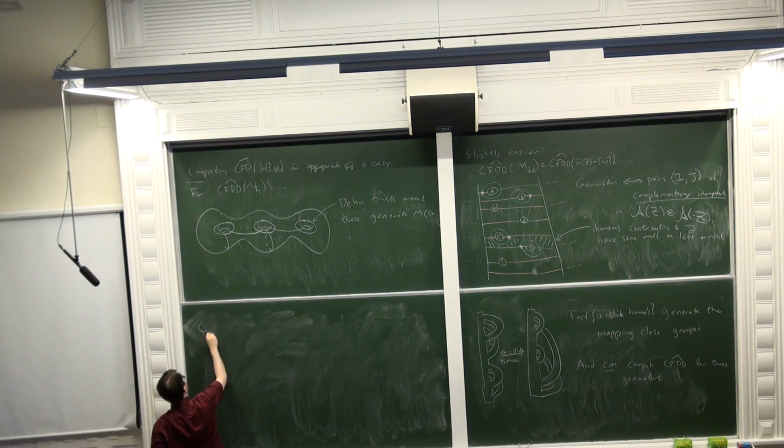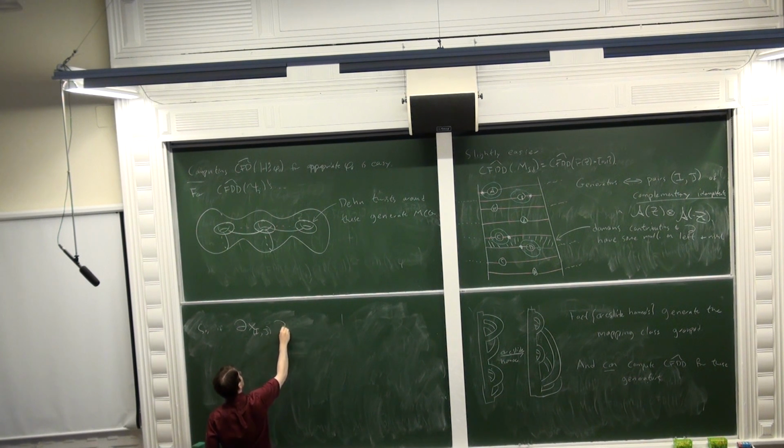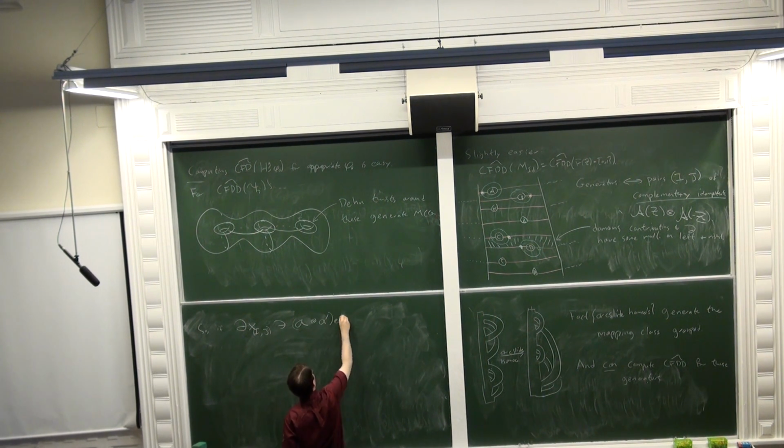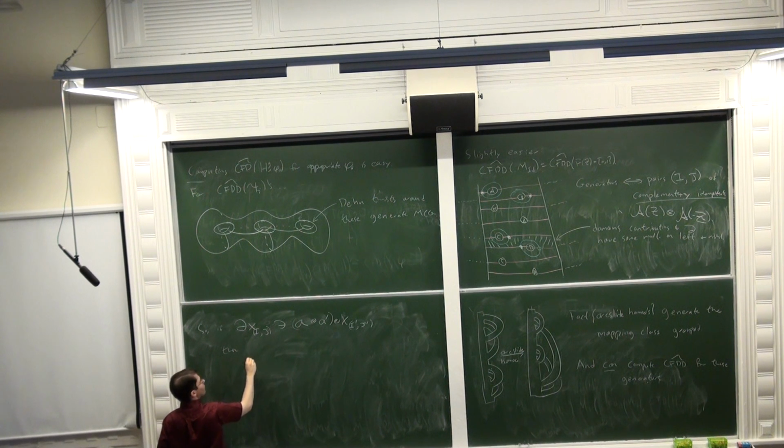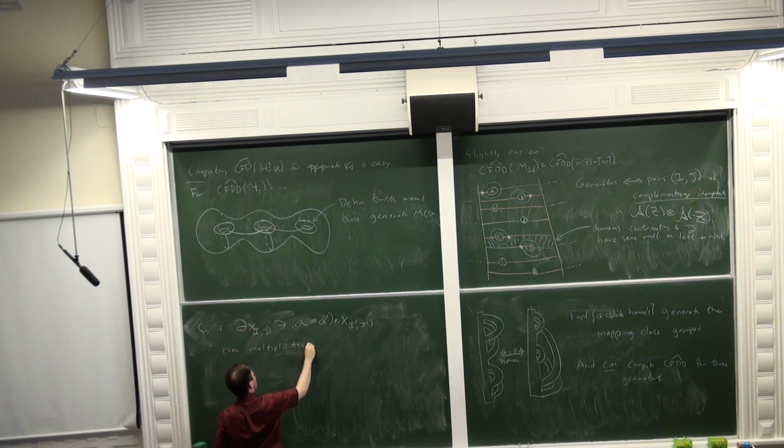So, if the boundary of a generator X, which corresponds to the complementary pair I, J, contains a term of the form A tensor A prime tensor X prime with I prime, J prime, then the multiplicities of A on the left agree with the multiplicities of A prime on the right.